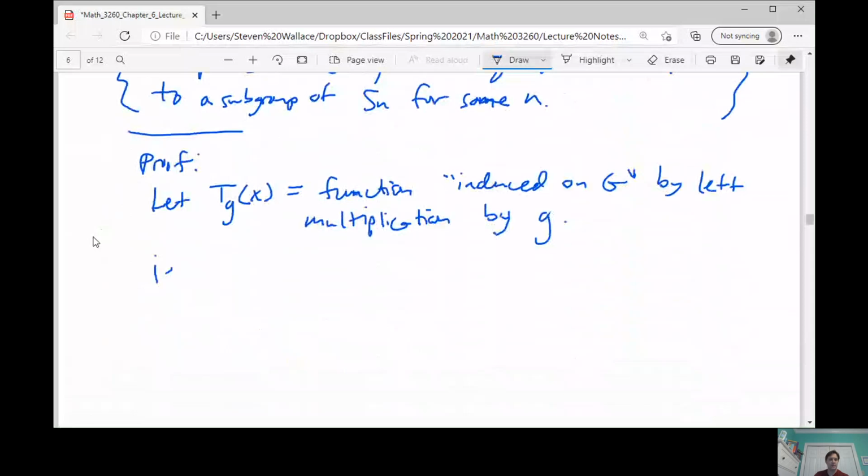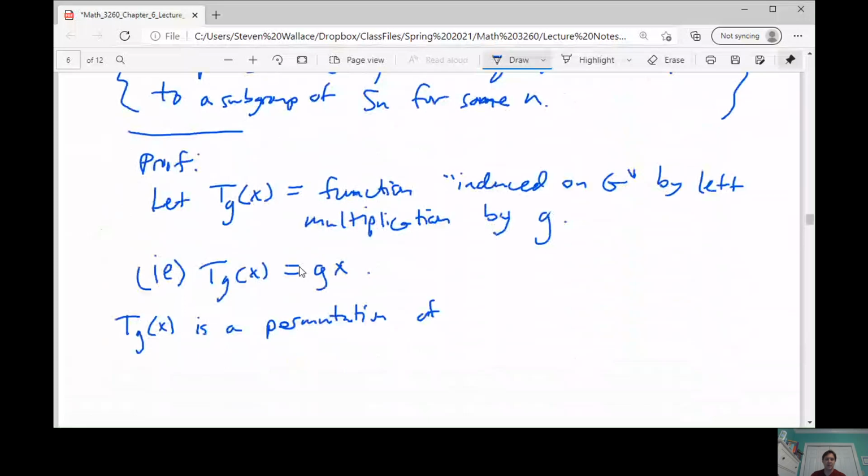In other words, Tg of x is defined by, you just take g and multiply it to x on the left. All right. We need to show that this is a permutation. Okay, so Tg of x is a permutation of the elements of G.